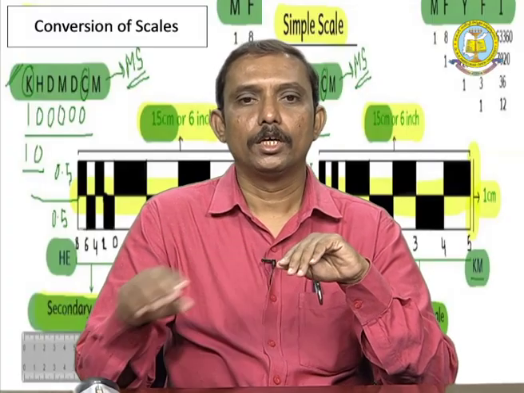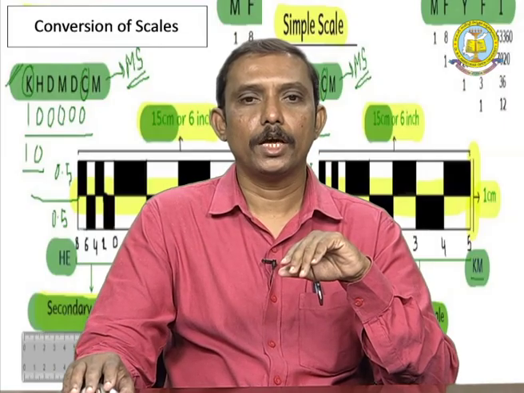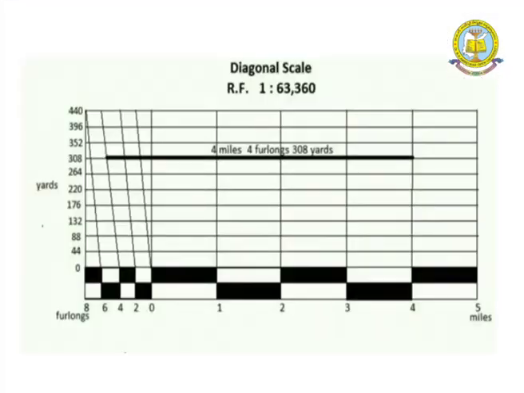diagonal scale. First we have constructed the metric English system of the scale, and we have subdivided the primary scale into miles, then furlongs, and the tertiary scale in yards. For that you have to make the unit of measurement up to this 1 unit.